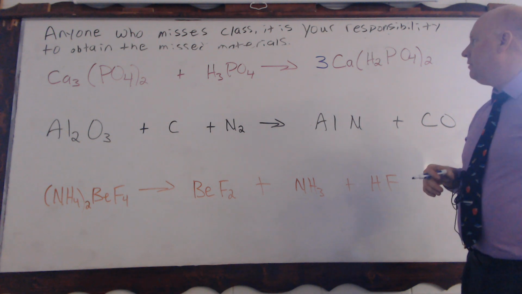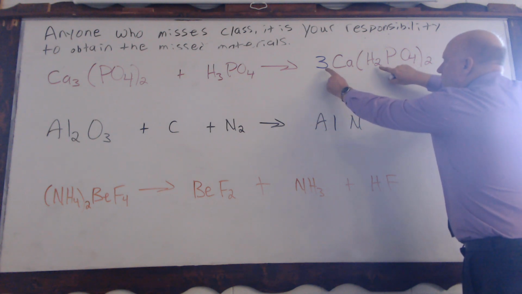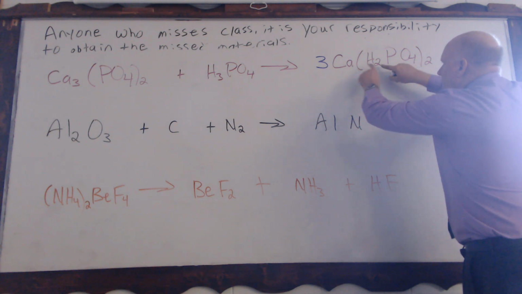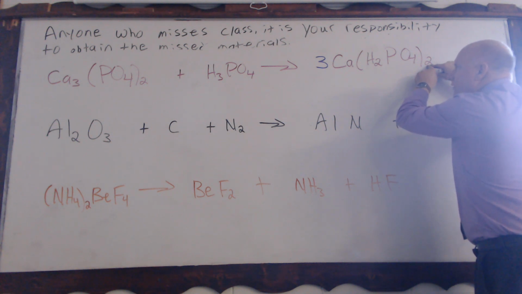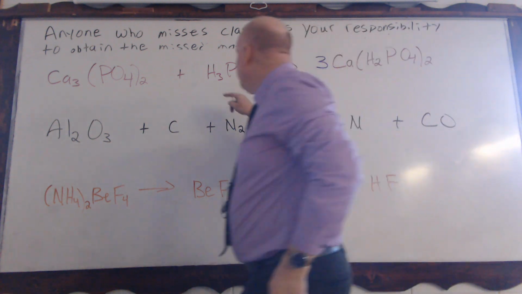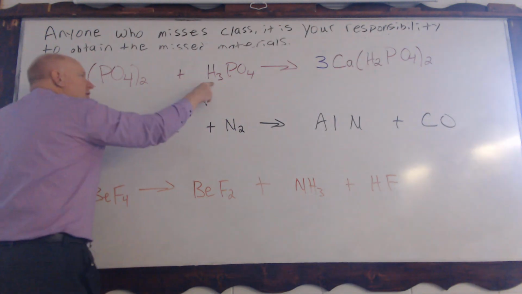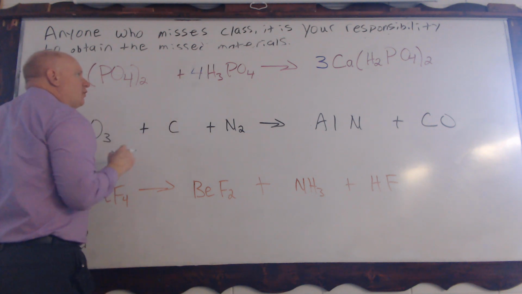Yeah, you certainly need more hydrogen because, okay, 3 times this 2 is 6. 6 times 2. Okay, so we got 12 hydrogens. How many hydrogens are this side? So how many would we need? Okay, so again, it's just trial and error.